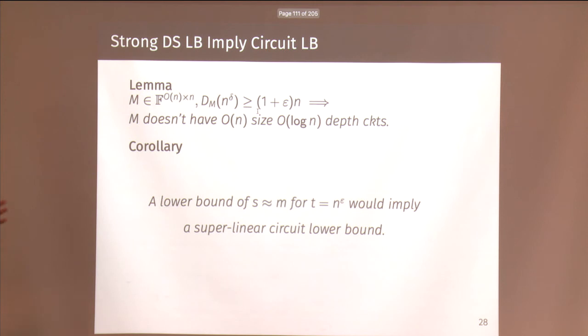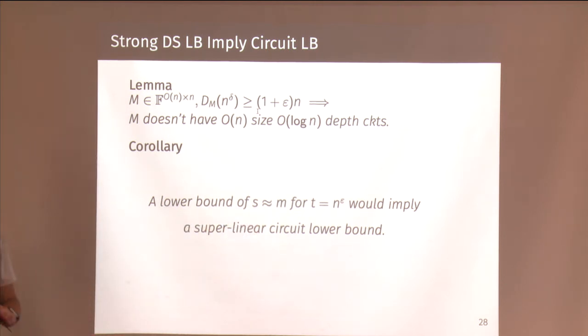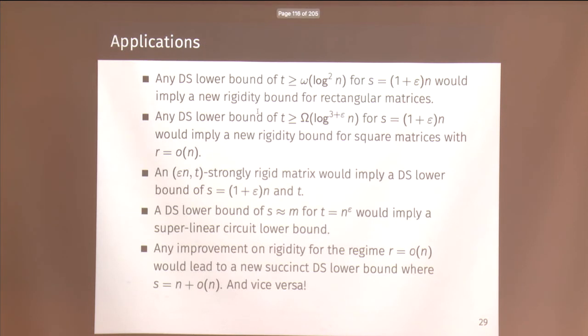And in particular, this tells us that very strong data structure lower bounds would even imply superlinear circuit lower bounds. And there are more connections. I'll just list them here. So it looks like there are some connections for succinct data structures and so on.